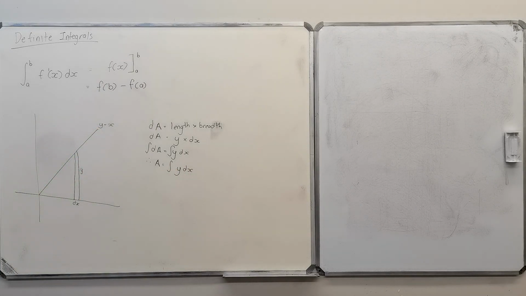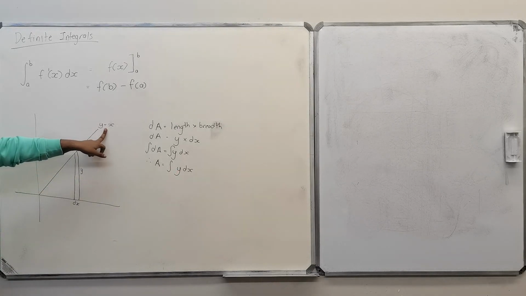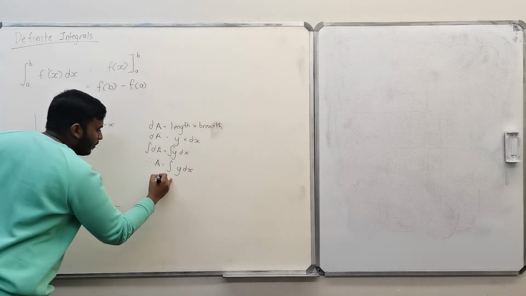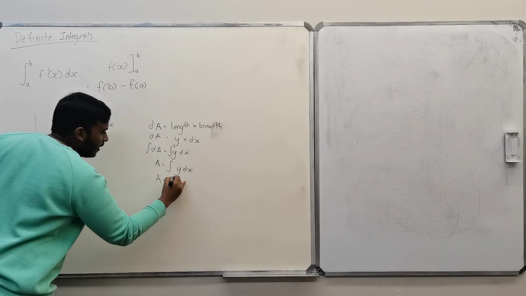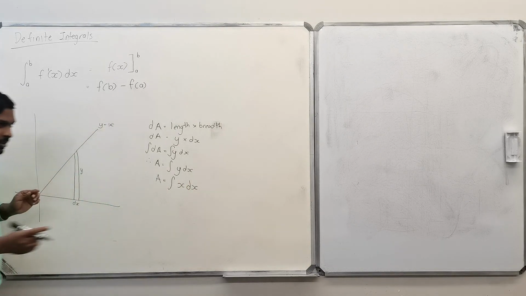But how can you integrate y to make it with respect to x? If you just integrate y, there's no x in that equation. But from your graph, what do you know? That y is equal to x. So area would be equal to the integral of x dx.